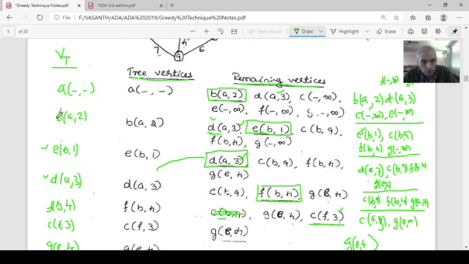Next, B to E with a cost of 1. Next step, again you have to draw the same thing you have drawn in the previous step. That means from A to B, cost is 2. Then from B to E, cost is 1.